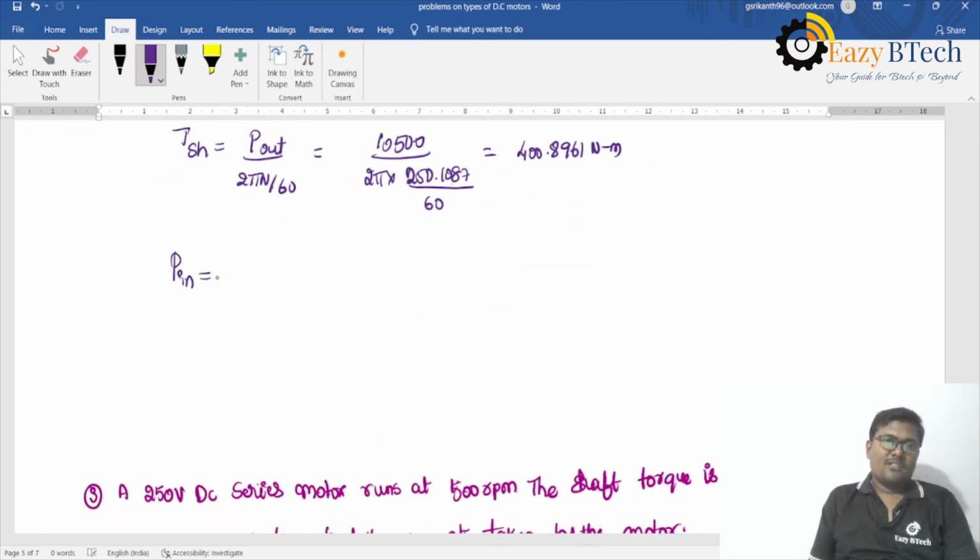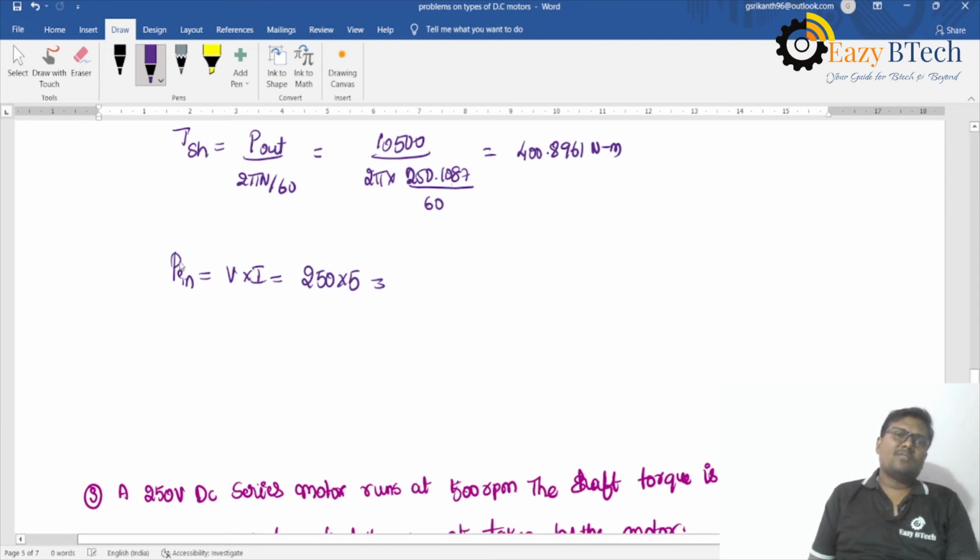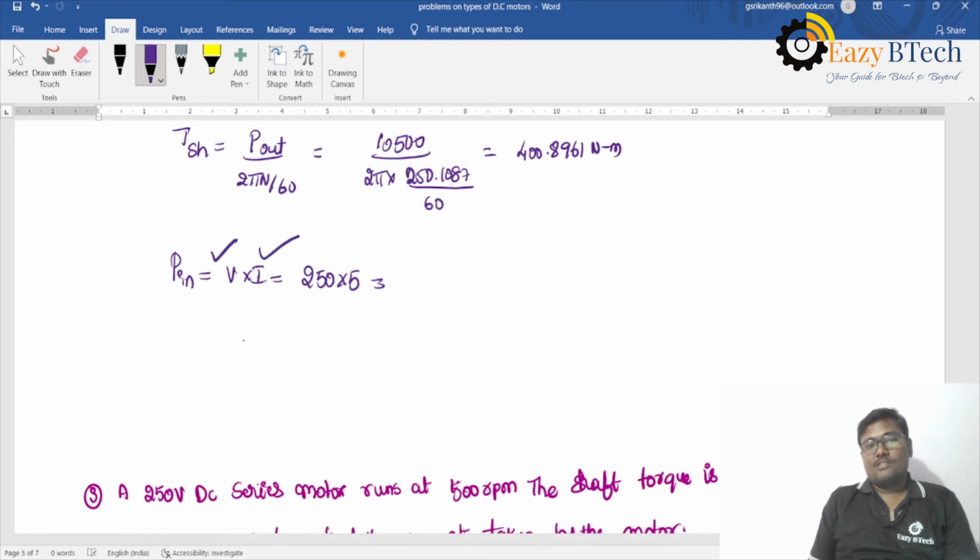Power input is equal to V into I. So 250 into 5. The power input is equal to supply voltage into line current, 250 into 5. Then I got it as 12,500 watts. If you want to calculate the efficiency, as I said, output power divided by input power into 100.